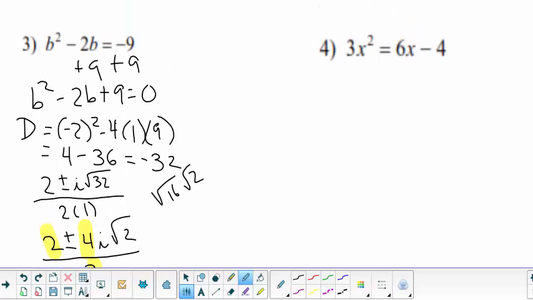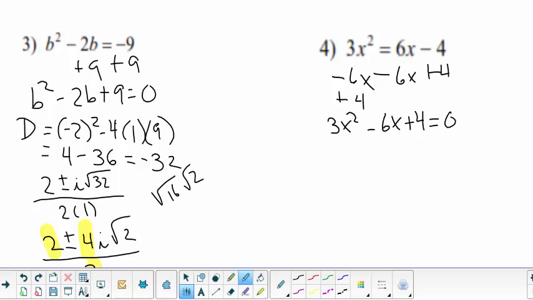All right, so let's do this next problem here. Again, quadratic formula, so we want to get everything to one side. I'm going to subtract 6x from both sides, and I'm going to add 4 to both sides. So now we have 3x squared minus 6x plus 4 equals 0. Now we've got to calculate the value of our discriminant.